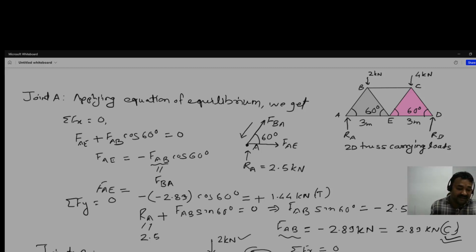So by applying this equation we can get, no need to detail again, just follow the same pattern as joint A. And always remember, whenever you are going to draw the free body diagram for each joint, if forces are unknown, take them initially as tensile, as forces in tension.